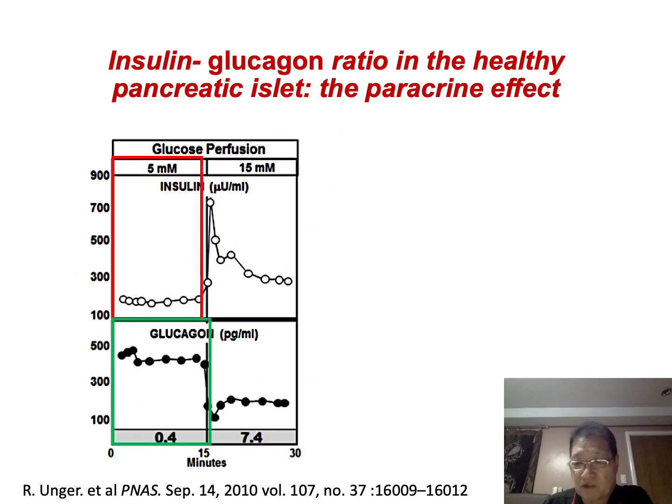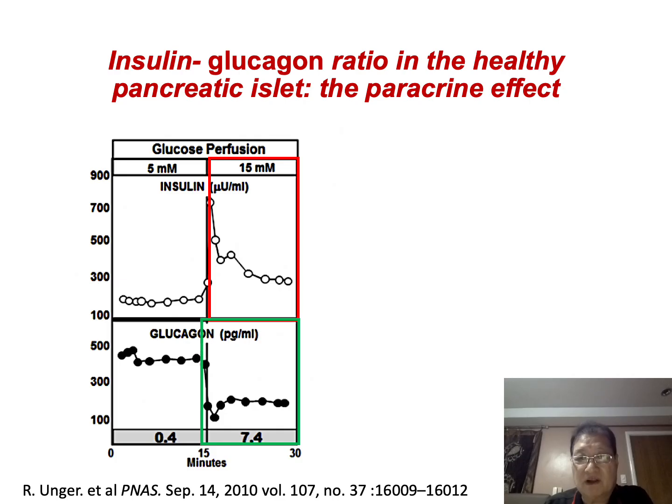However, when perfused with 15 millimolar of glucose, that's 3 times the 5 millimolar, this amount of glucose suppresses glucagon secretion. When insulin is present, the alpha cell that is juxtaposed to beta cell receives the highest insulin concentration of any target cells in the body.